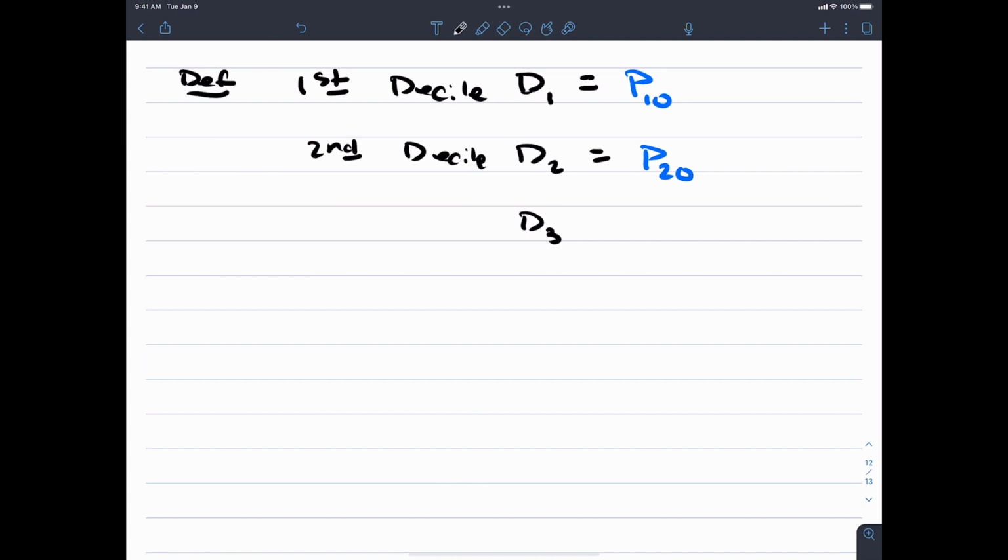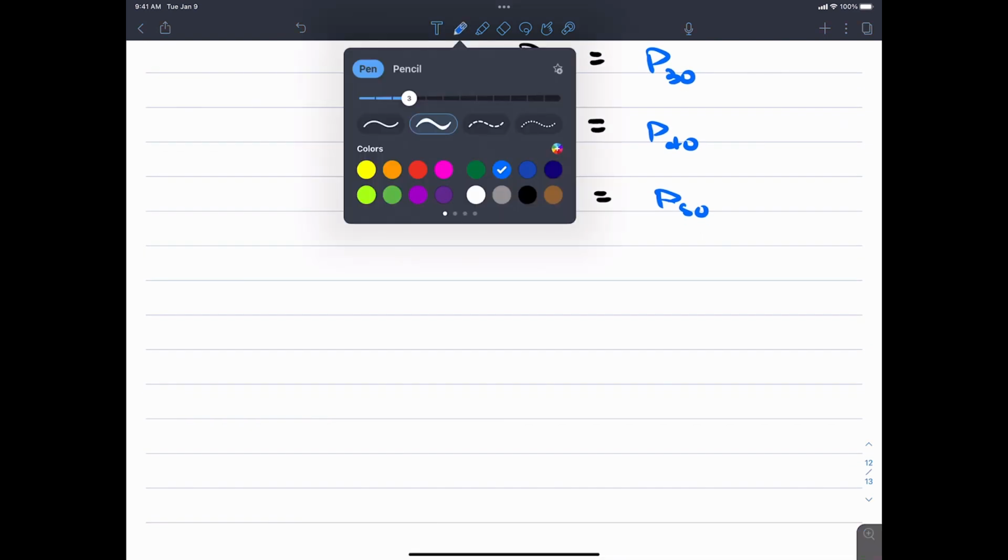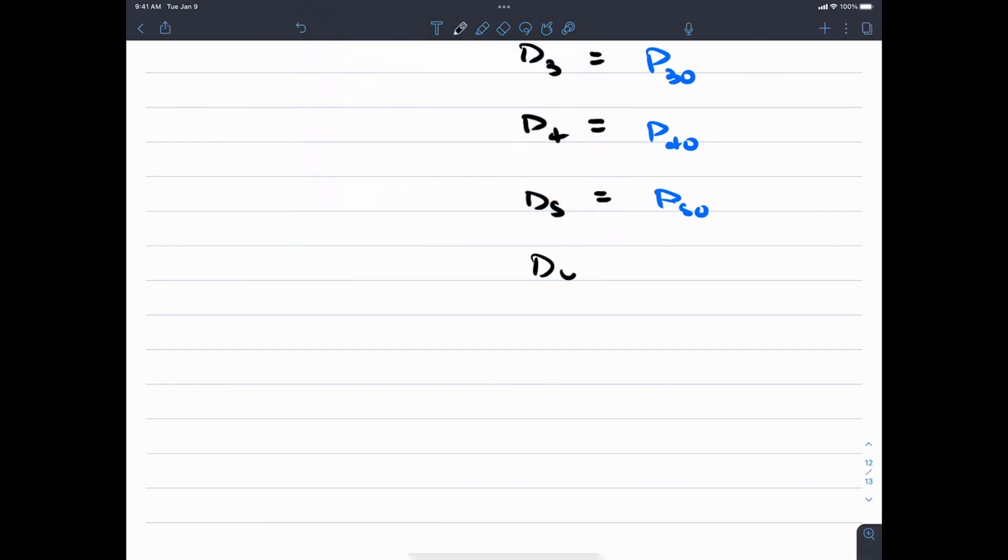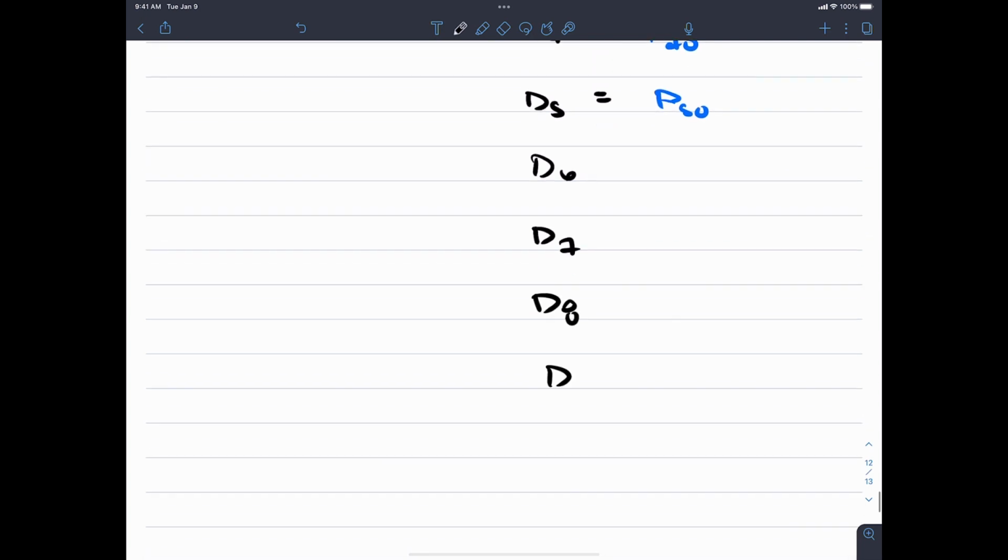And in fact, you could go all the way down to what? You got D3, D4, D5. How many pennies are in each? P30, P40, P50. Go down to what? D6, D7, D8, D9.